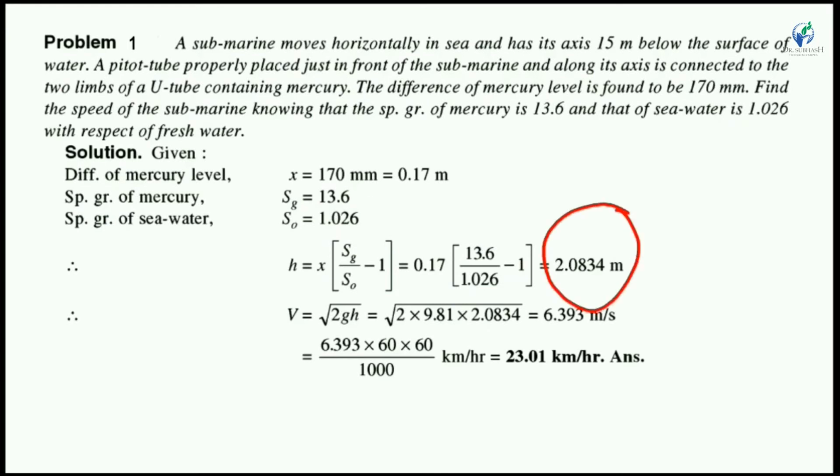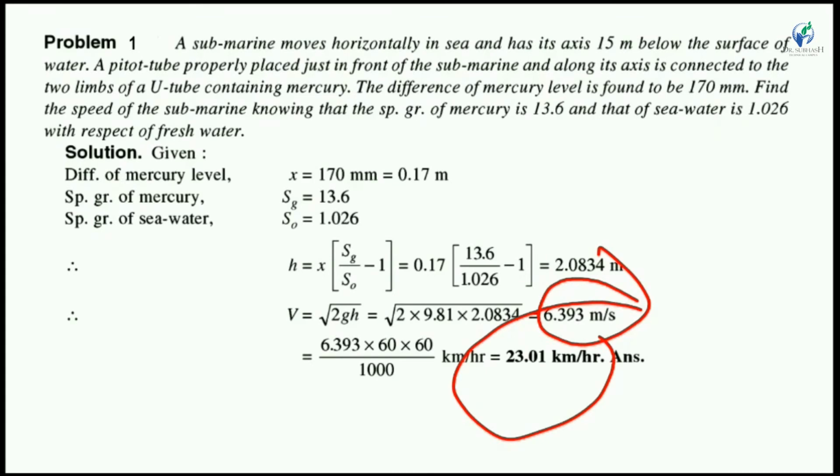So we get the value of small h, the dynamic pressure head, and put it into the equation of velocity, and we finally get the value of velocity in meter per second. We also convert it into kilometer per hour.